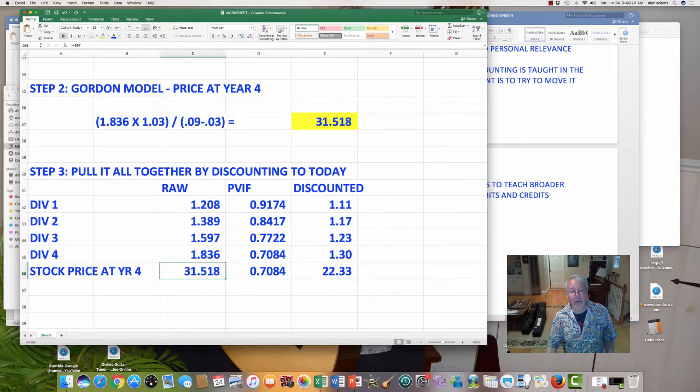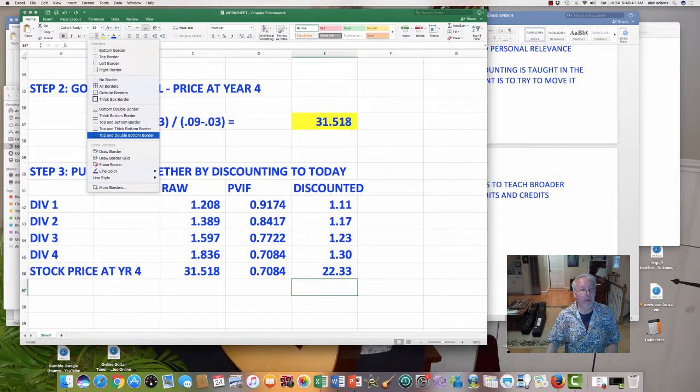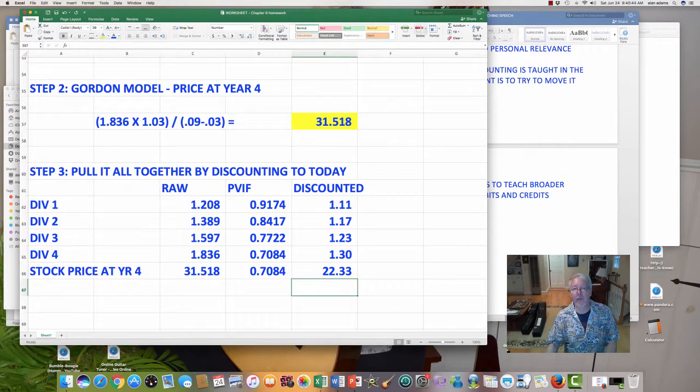I multiply 31.518 times 0.7084, and the value of that $31.52 4 years in the future is worth $22.33 today. All right, to conclude step 3, I'm going to take all of those values and combine them, and I find that I get the answer $27.14. Okay, that's how much the stock is worth today.